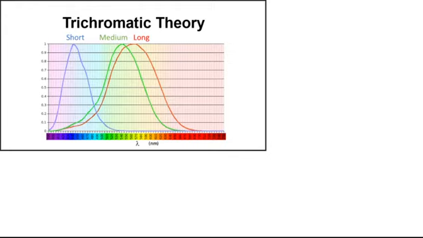And so the idea here is that our brain would be getting signals from some of our blue sensitive cones, some of the green sensitive cones, and some of the red sensitive cones, and it would say, okay, well, we have this much firing for this kind, this much firing for that kind. What does that mean? Where do we see that overlap? And so it would be like, okay, well, that's about a wavelength of 480 nanometers.